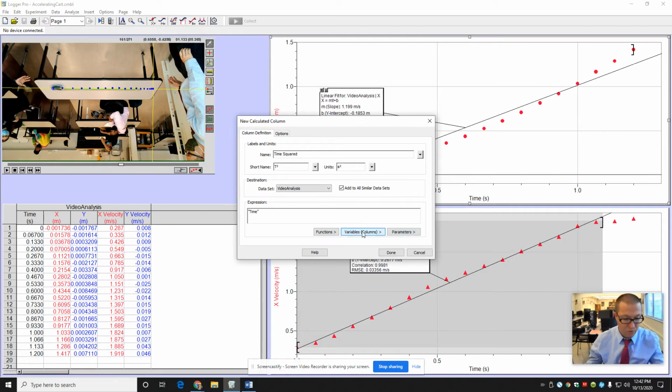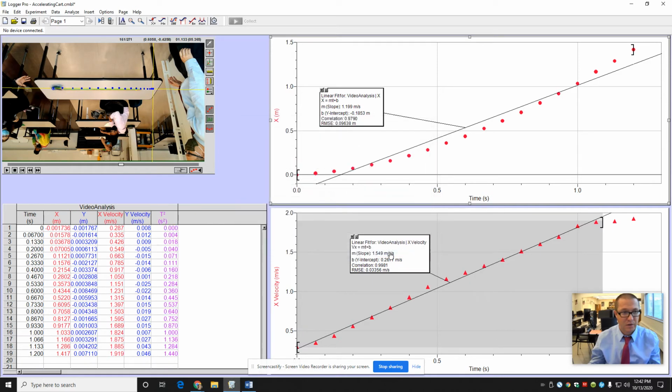I do that by doing Shift 6 to make that little caret, like in your calculator, and I put a 2. So it's going to take the time column, that's what the parentheses are telling it to do, square it, and put it into a new column called time squared, with the short name t squared and the units s squared. You hit done, and it makes this new column here.